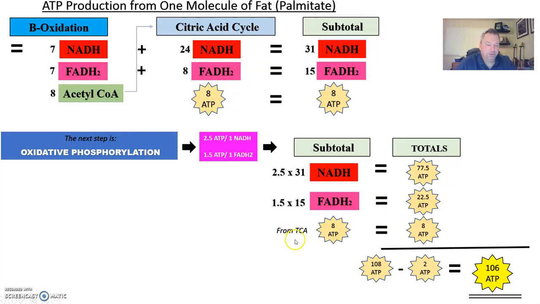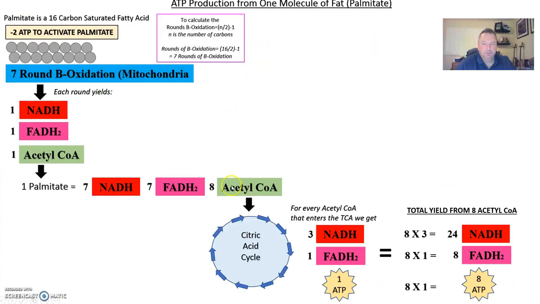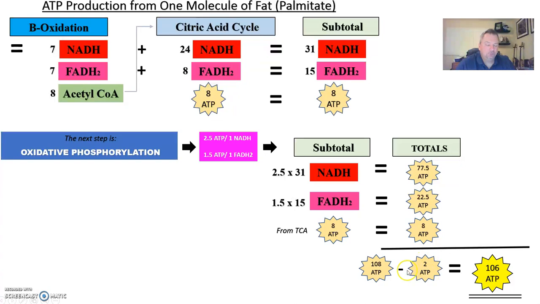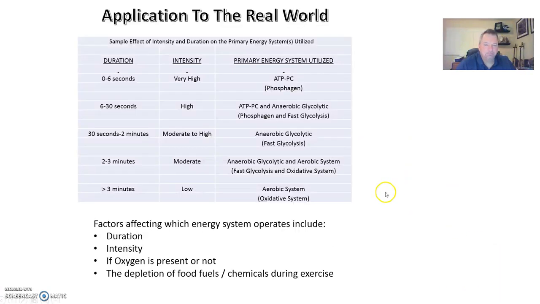And from the citric acid cycle, we end up with our 8 ATP we've carried down. We add these together, we end up with 108 ATP. But remember, once again, it took 2 ATP to activate palmitate. So we subtract those two and we end up with 106 ATP.